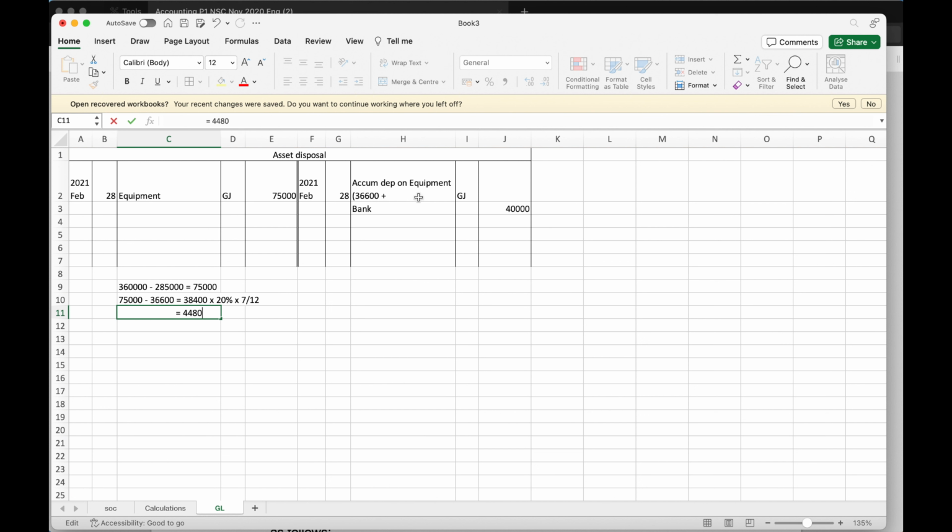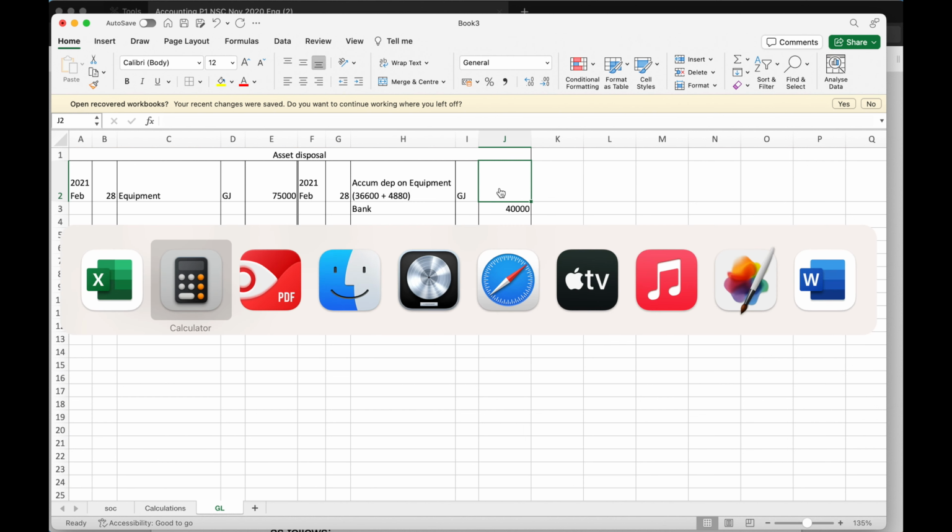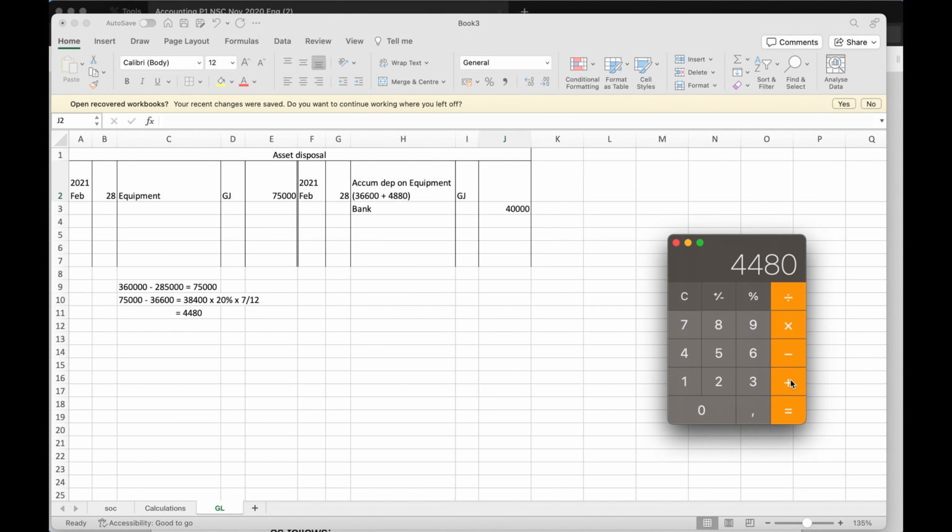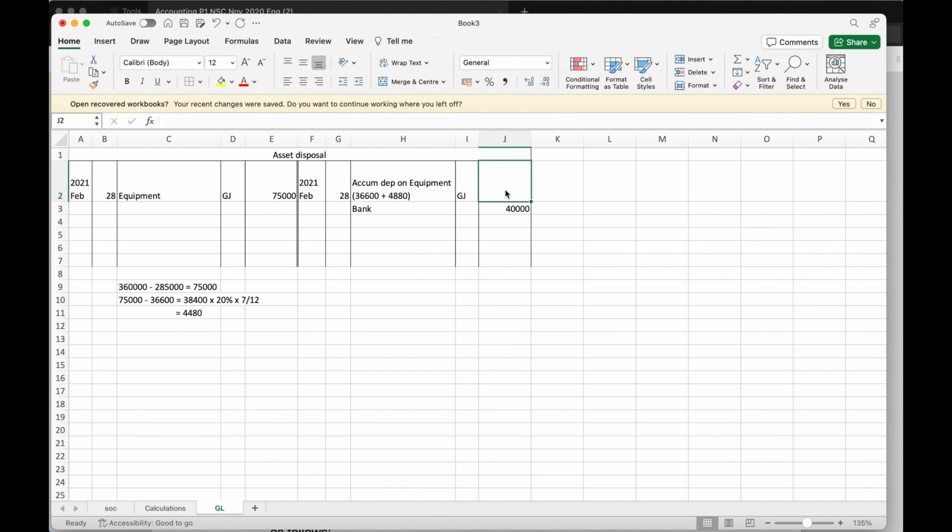Now, this 4,480 comes here as the total accumulated depreciation until that asset was disposed of: 36,600 plus 4,480, which equals 41,080.